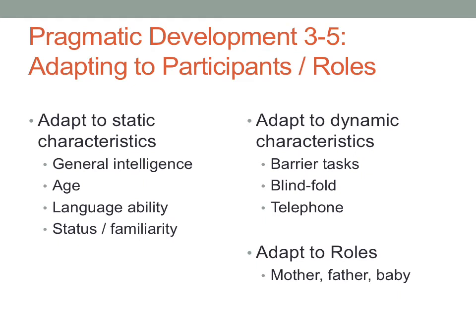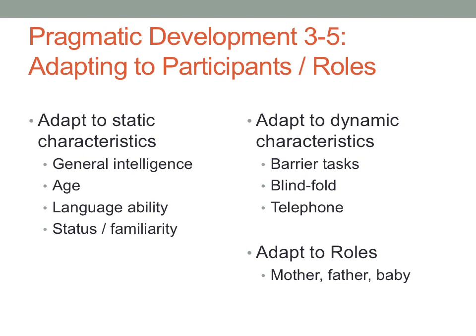So the other thing that's happening in pragmatic development between the ages of 3 and 5 is that children are adapting to participants and to different roles that they play. So they're getting much more sophisticated in knowing how to talk to different people.